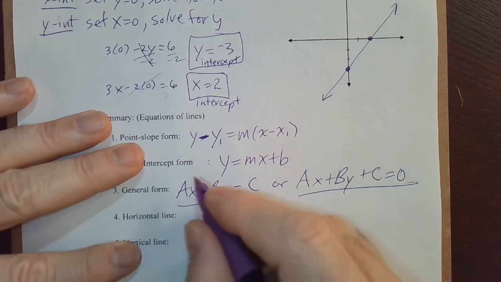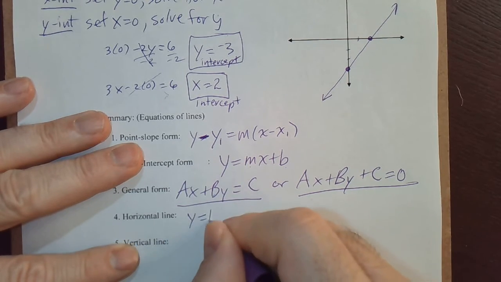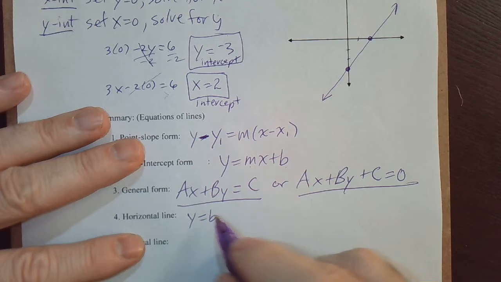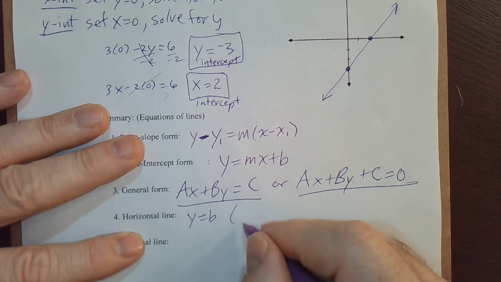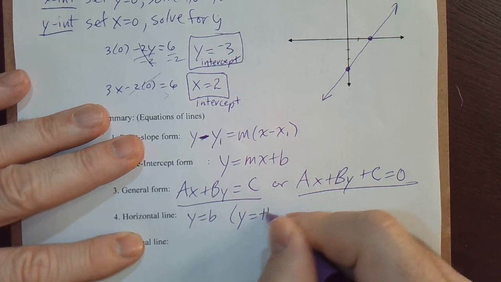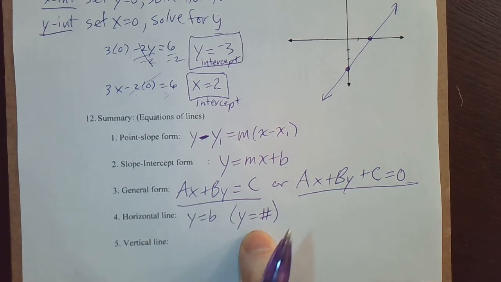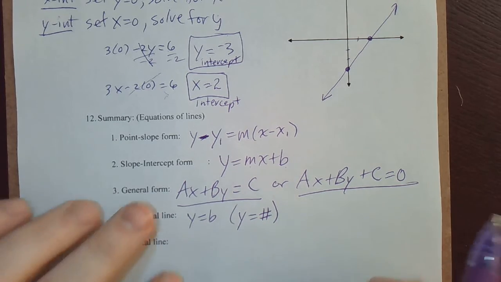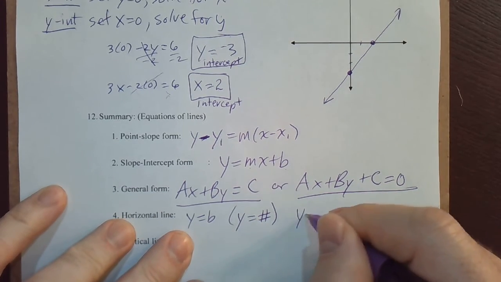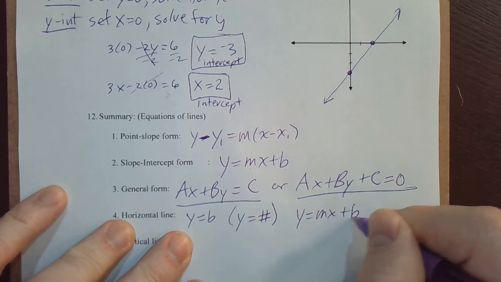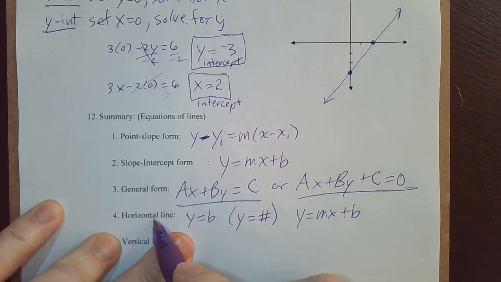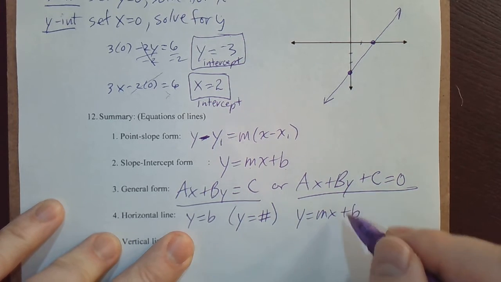In a horizontal line, we can write y equals b, where b is any number. Sometimes I like to write it as y equals a number. The format of every horizontal line is y equals a number. The reason we use b is because in y equals mx plus b, a horizontal line has a slope m of 0.